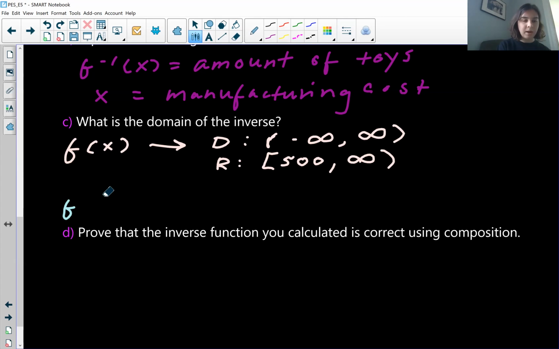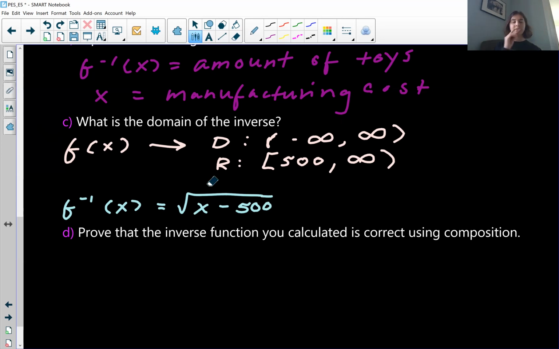And also, for the time being, we're just ignoring the context of this problem and just focusing on the numbers. So let me rewrite this. This was x minus 500, I believe. Okay, so we can't have a negative number under the square root, and that's really our only issue. So the domain is going to be from 500 to infinity.